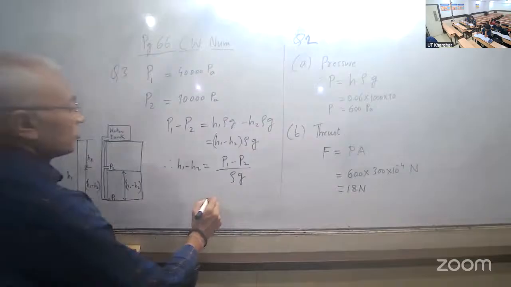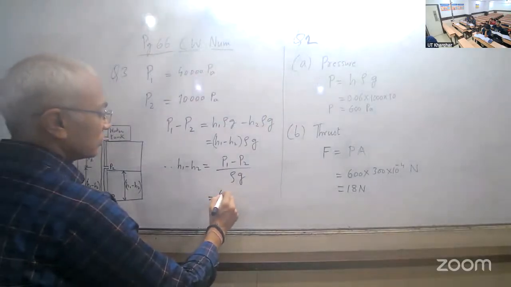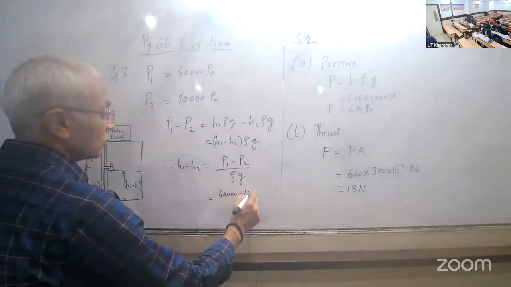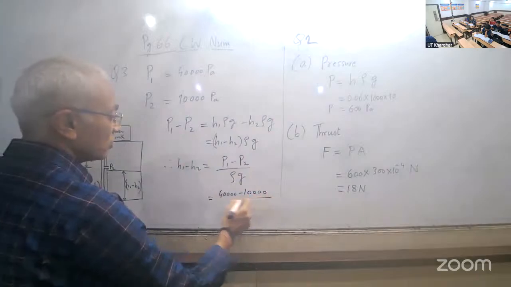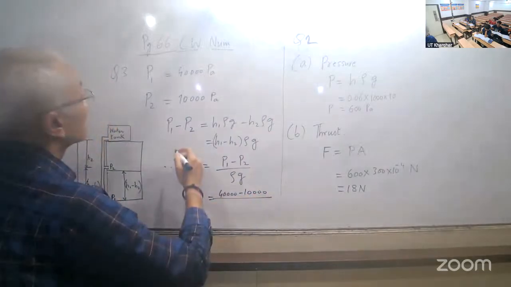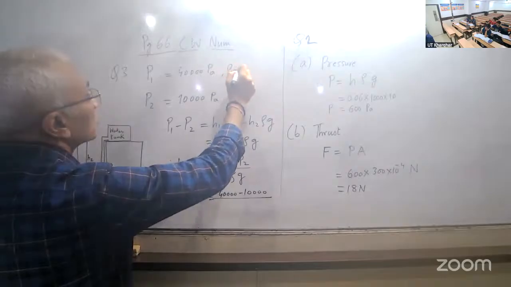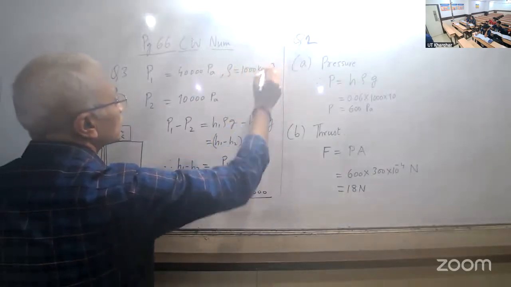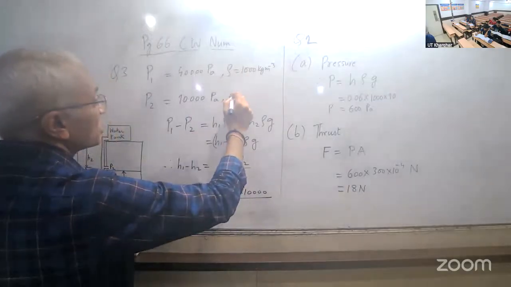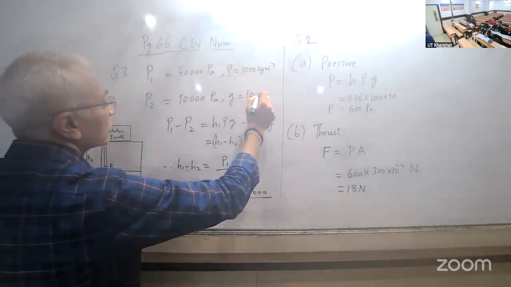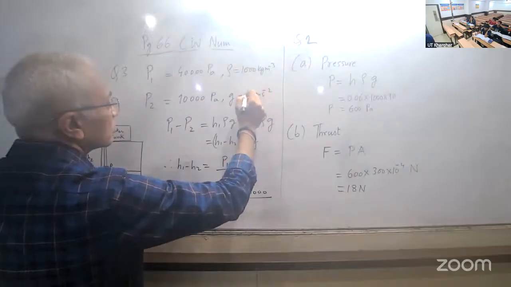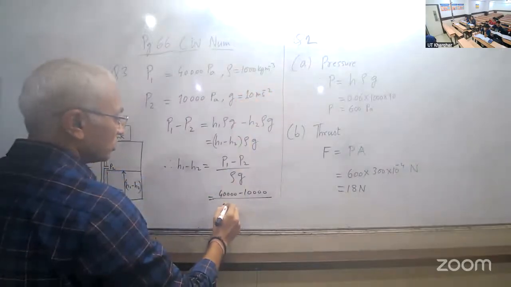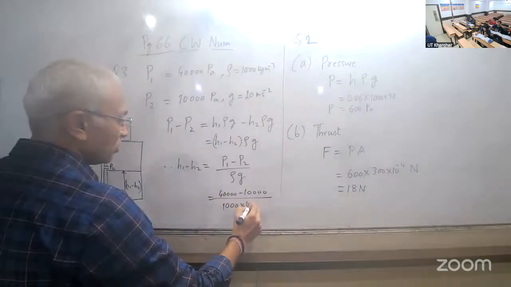So just subtract. The rho given in the question is 1000 and g is 10. So this is 1000 into 10.